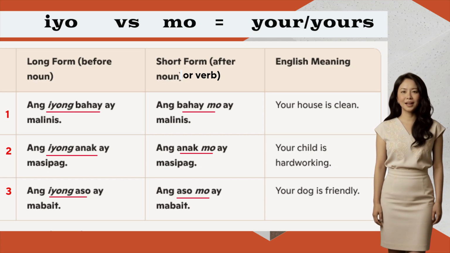Number 3, ang iyong aso ay mabait. Ang aso mo ay mabait. Your dog is friendly. Again, the long form leads the phrase and the short form follows the noun. So the key reminder here is iyo before the noun and mo after the noun. And remember that the short form can also come after the verb, but the long form cannot.